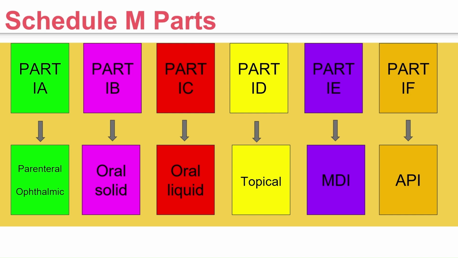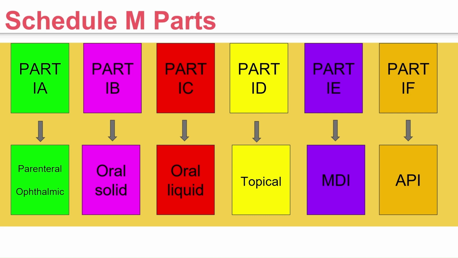Now the second and third O are for 1B and 1C respectively. The second O is oral solid, which is in 1B, and liquid comes after solid, so the third O is for oral liquid, which is in 1C.